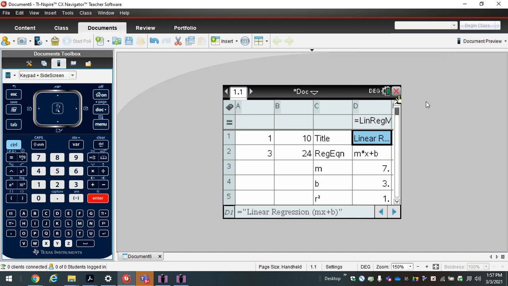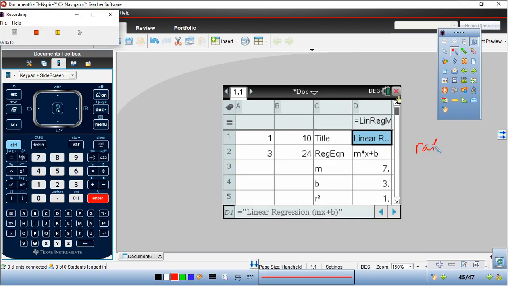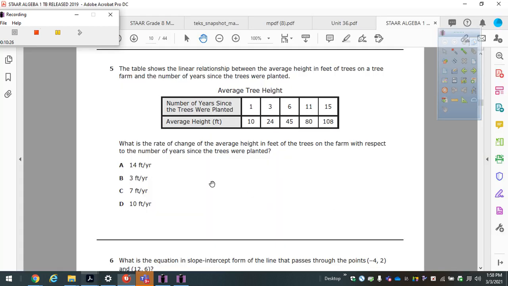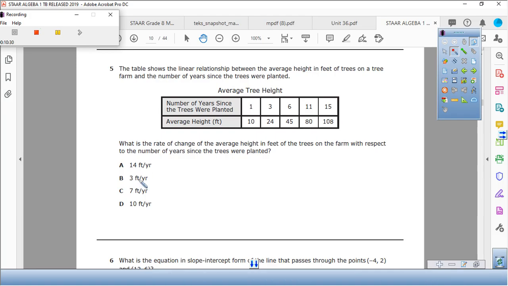Okay, so it was asking for your rate of change, also known as your slope. Come back to my test. 7 is my answer. Rate of change. Slope.